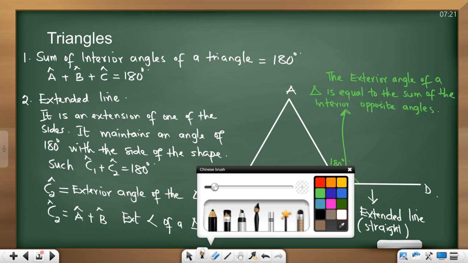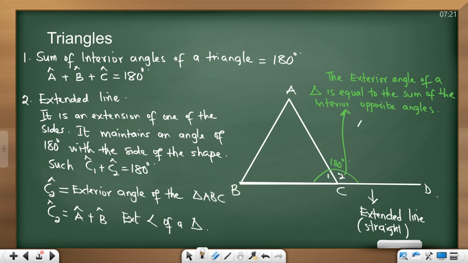Watch this quickly. This is now extending your knowledge and making it sufficient for you. A plus B plus C1 is equal to 180 degrees, right? From the first thing we said, sum of angles in a triangle. But C1 plus C2 equals 180 degrees, angles on a straight line.